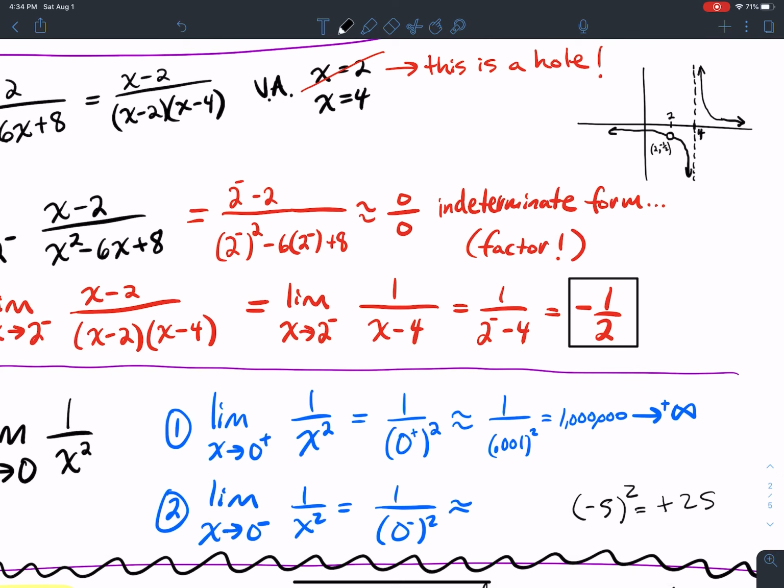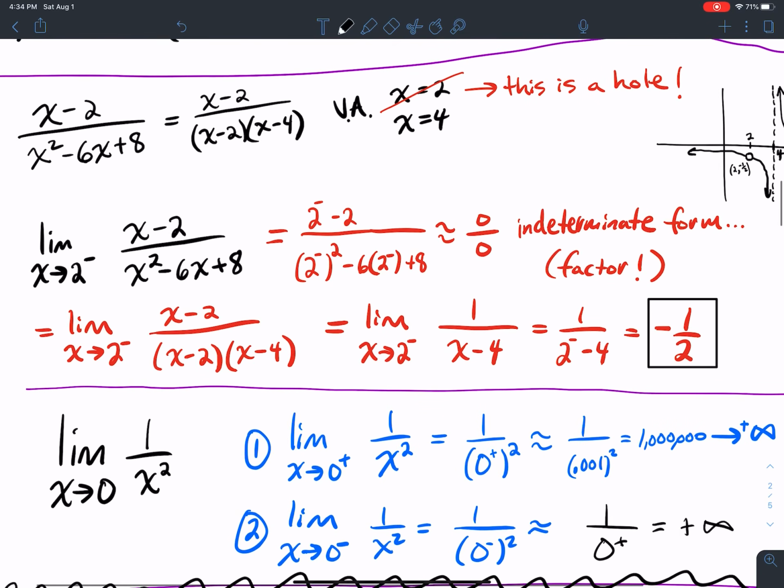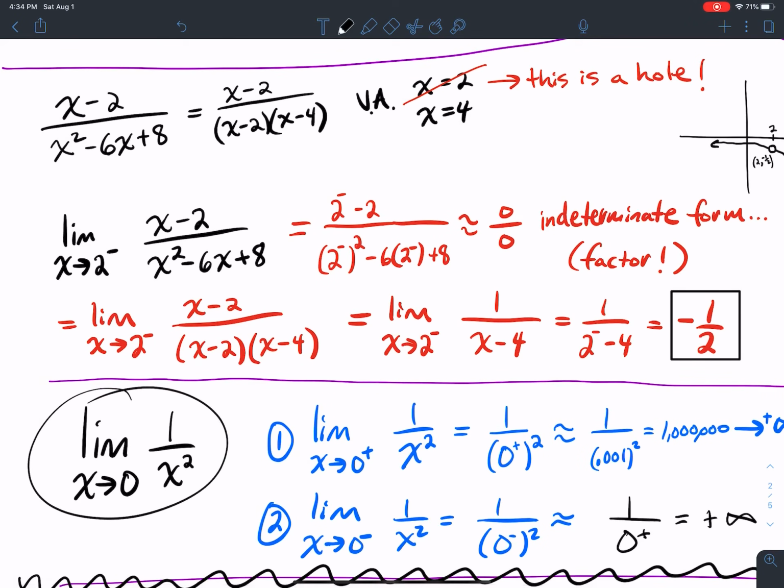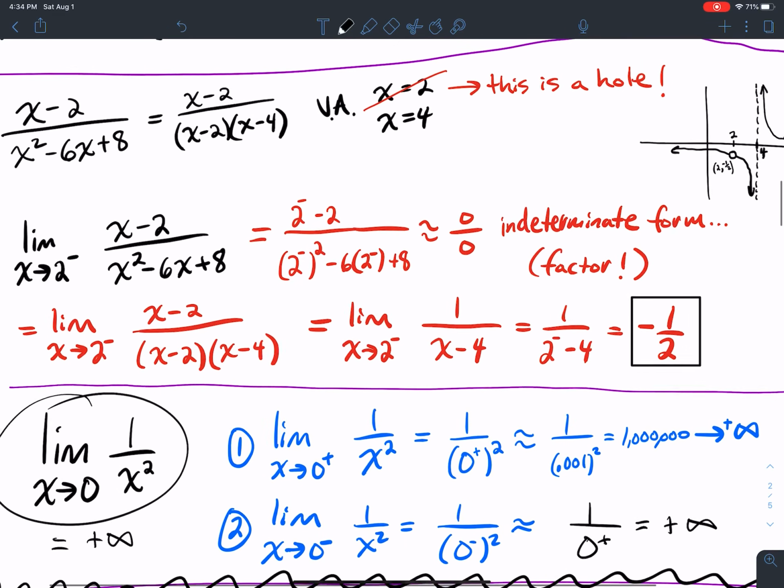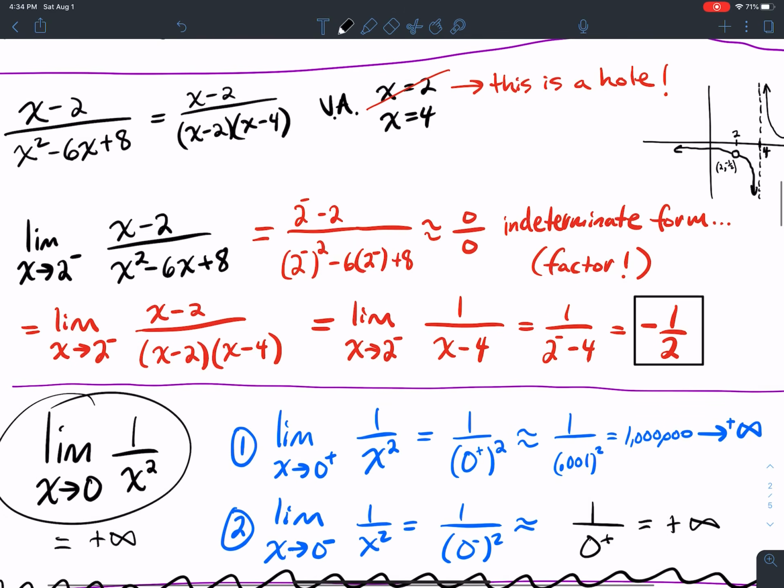I get a positive 25. So no matter if the number is positive or negative, when you square it, it becomes a positive 0, and then you get positive infinity. That tells me this limit is therefore equal to positive infinity. So very, very powerful stuff there.